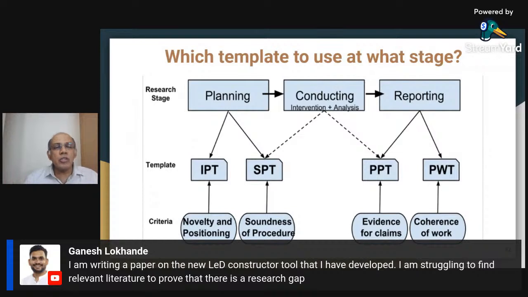So you can attempt to tackle a metric called efficiency rather than effectiveness or engagement. You say that it makes something easier for the user. That is the angle that you could take if you are writing a paper on the LED constructor tool that you are coming up with.